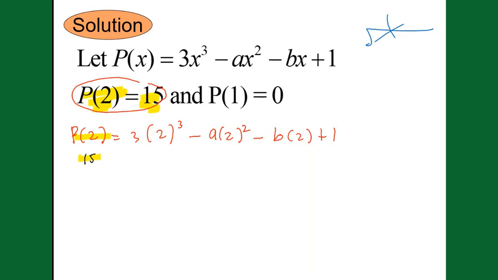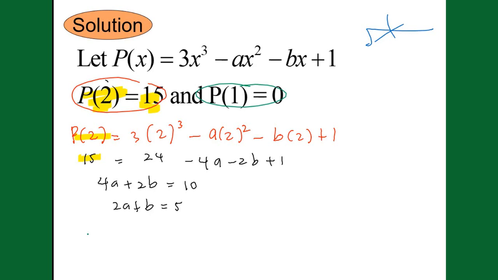So now 15. P of 2 is 15. 8, 24 minus 4A minus 2B plus 1. Equation 1. Bawa on the left hand side. Yang ini bawa ke sana. Then simplify. Settle. The second equation.